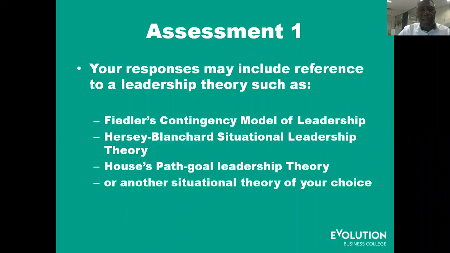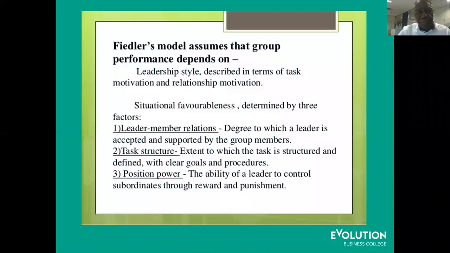So look up these, find out the difference between Fiedler's and Hersey's, find out the difference also with House's path-goal theory, what really makes them unique, how they differ from each other, what's the differentiation.